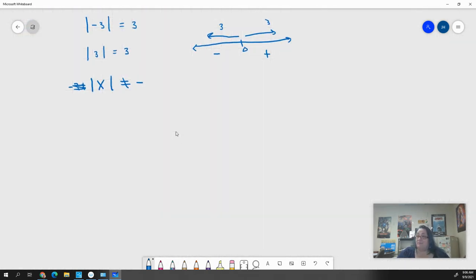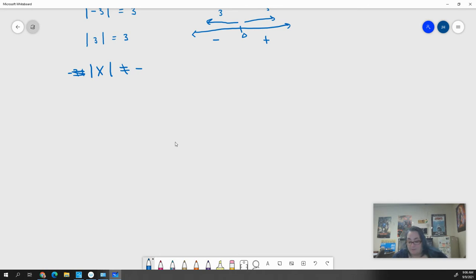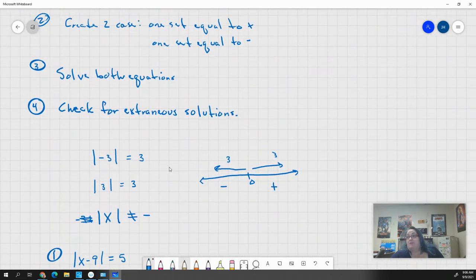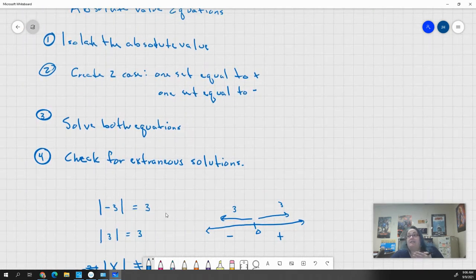So let's look at examples. First example, we'll call number 1 because it fits. If I have the absolute value of x minus 9 set equal to 5, right? If we look back at the steps that we just wrote, the first one it tells us to do is to isolate the absolute value.